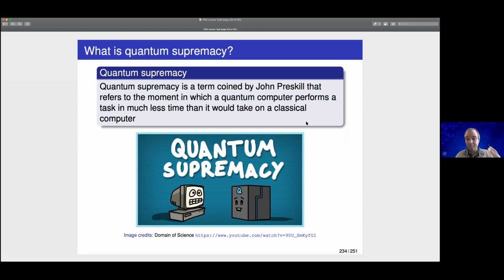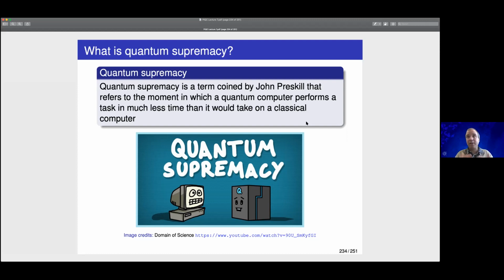And then in order to use Shor's algorithm for factoring the integer, we would need again thousands of logical qubits. So we would need millions of physical qubits, and we are very, very far away from that.